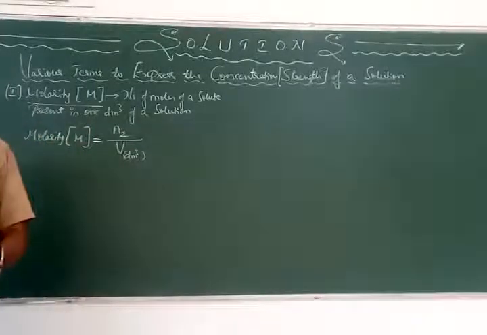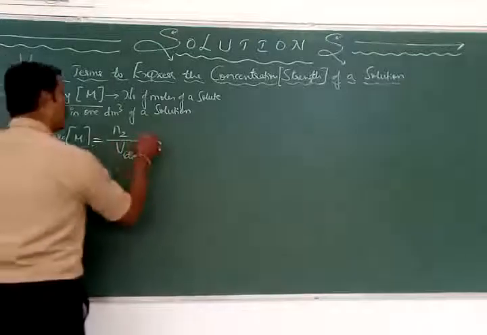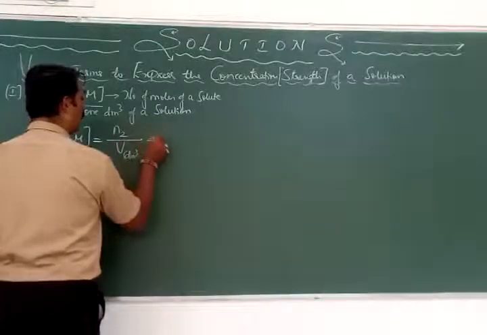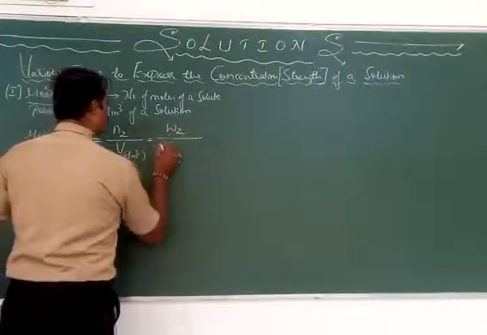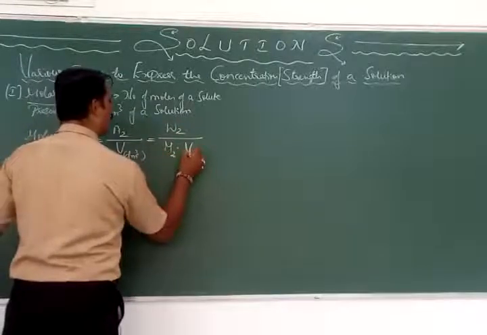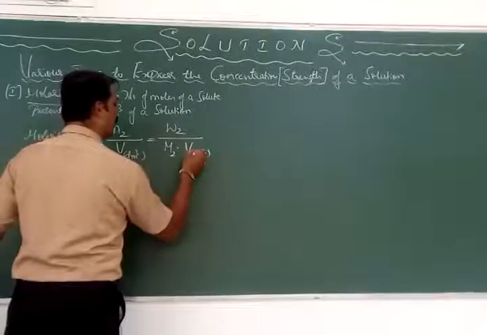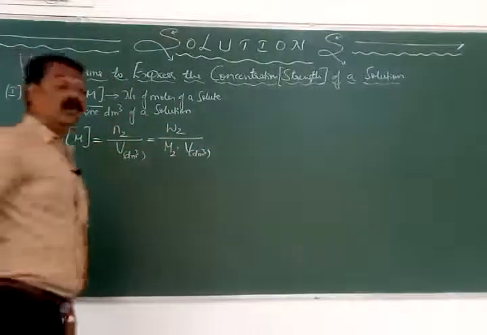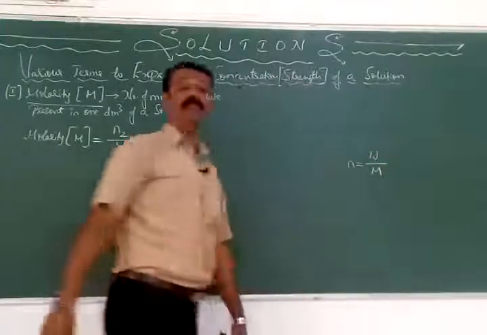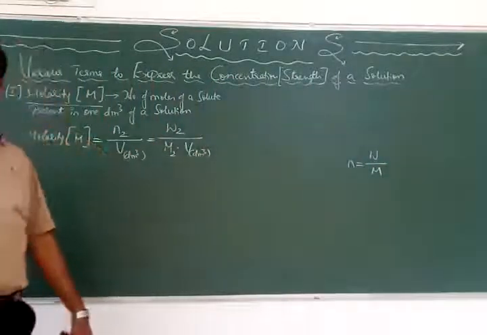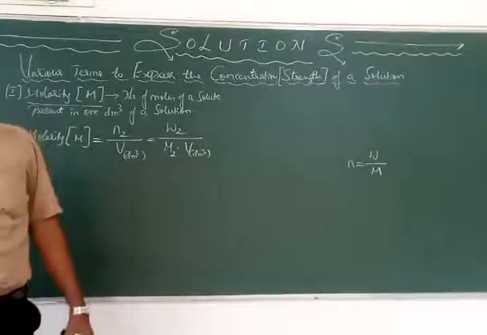Or this can also be written in the form of W2 divided by M2 into V expressed in dm cube, because the number of moles is given by W by M. Mass of that substance divided by the molar mass.